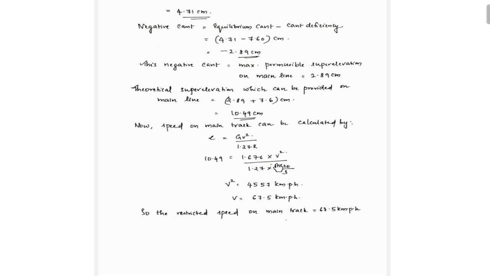So 1720 by 3, when you give, you will be getting the value for the radius. Substitute 1.676 as the G value. V is to be found out, 1.27 into 1720 by 3. Just calculate the value. You will be getting V square is equal to 4557. When you take the square root, you will be getting 67.5 km per hour. This is the restricted speed on the main track. Okay.